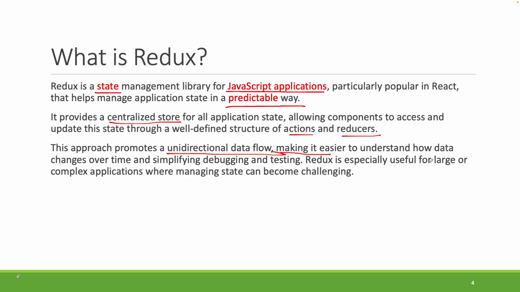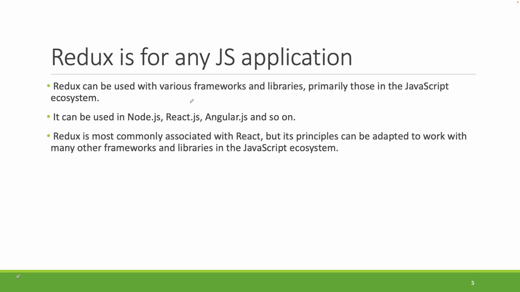Redux is especially for large or complex applications. If you have a small application, probably using state or context is good enough. Redux is for where managing state can be more challenging. So now let's talk about first, Redux is for any JS applications.